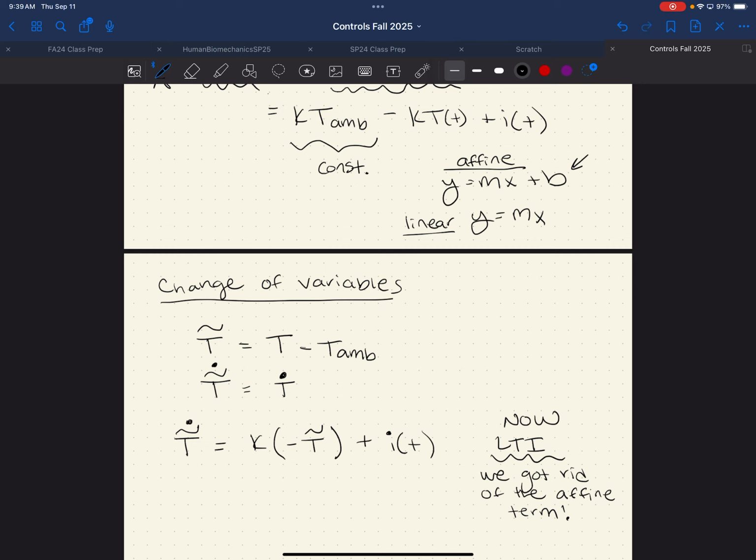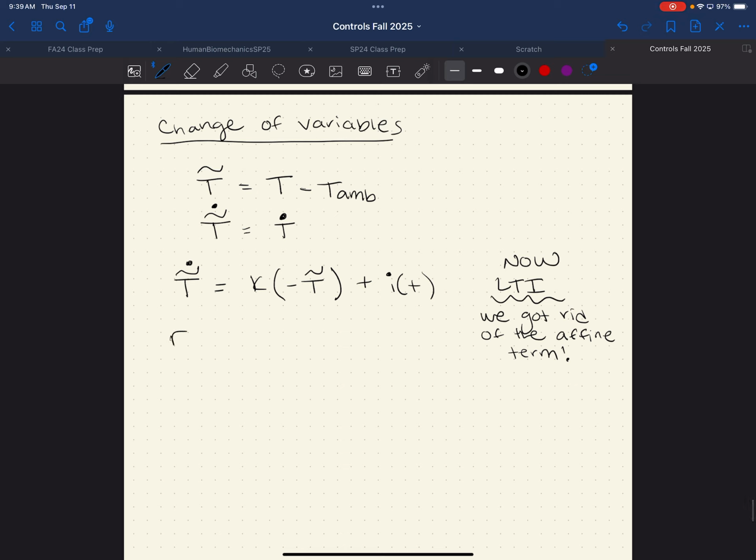Transfer function. Yep, beautiful. Let's find our transfer function. Okay, so I already have capital T's, so I'm going to write my extra capital T's like this. Yeah, Leland?